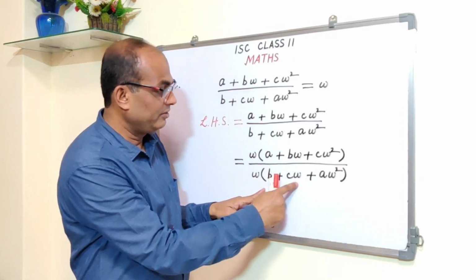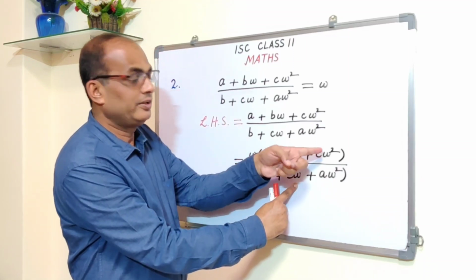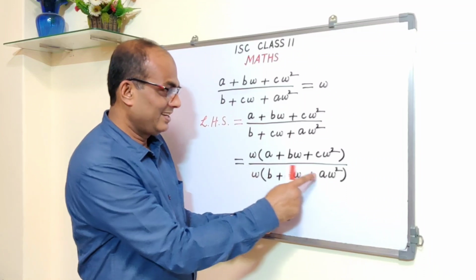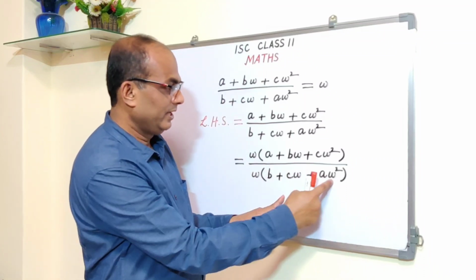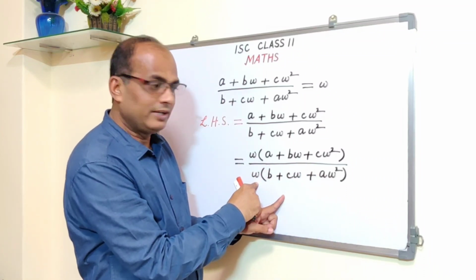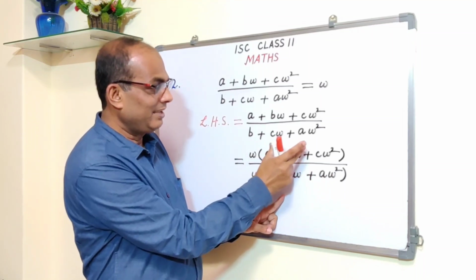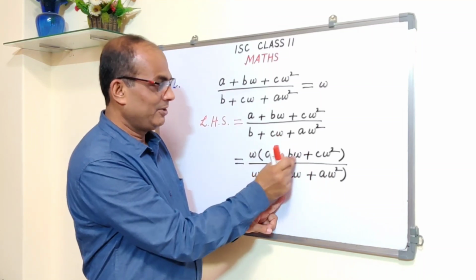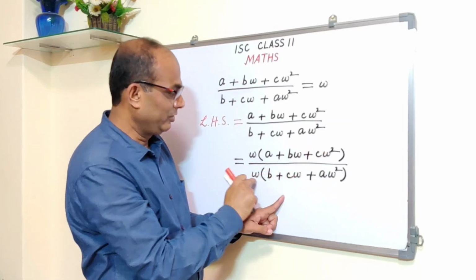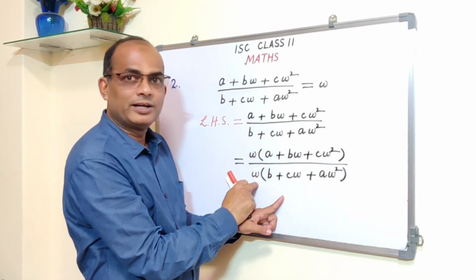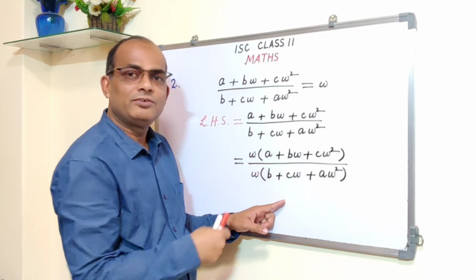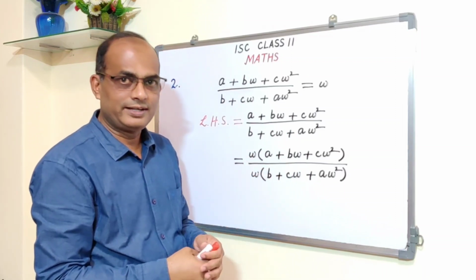You get C omega squared, you have C omega squared here. You get A omega cube, omega cube is 1, so you get simply A and you have A here. That means you are getting the same expression down. A plus B omega plus C omega square you are getting down when you multiply this bracket with this omega. So that you can cancel and finally you get omega is equal to omega right hand side.